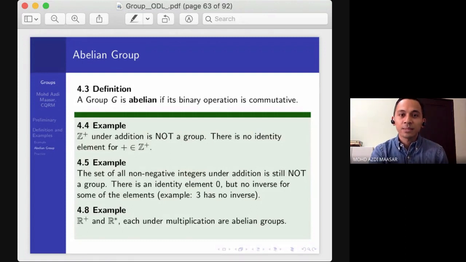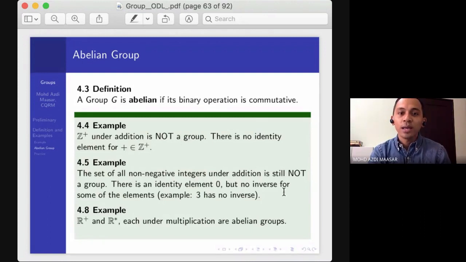This means that multiplication of positive reals will always give you a positive real, never 0 and never negative. And likewise, multiplication of non-zero reals will always give us a non-zero real, never the case that we will get a 0. Then we check each of the axioms.